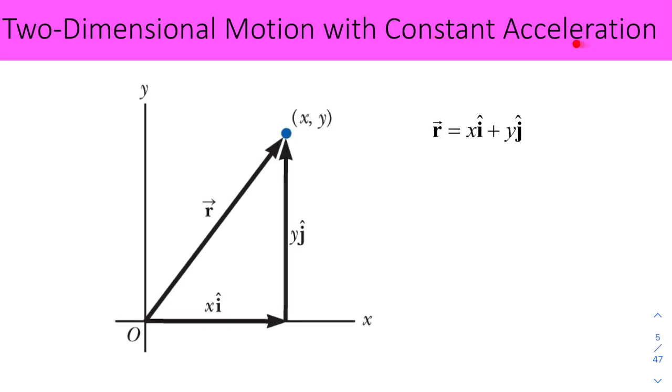Two-dimensional motion with constant acceleration or uniform acceleration. So let's recall again, at any position, the object or particle has the position R, where within the R it has the X magnitude times the unit vector I circumflex, plus the magnitude of the J unit vector.